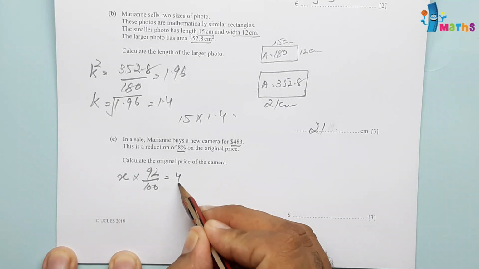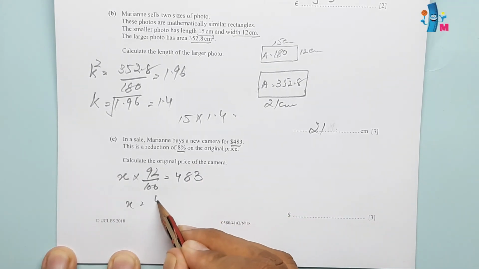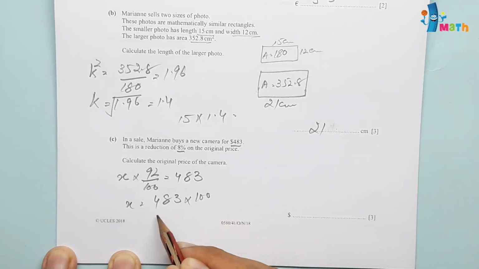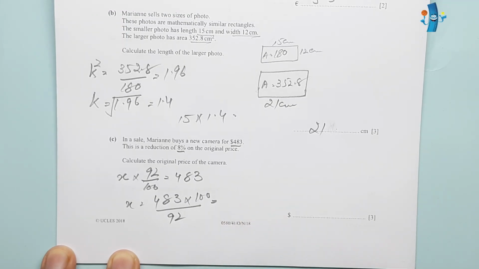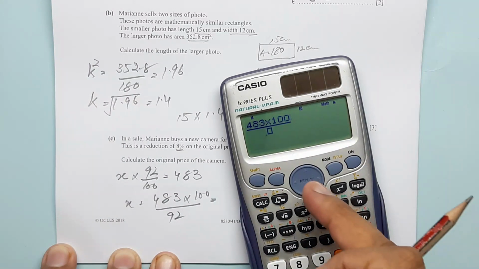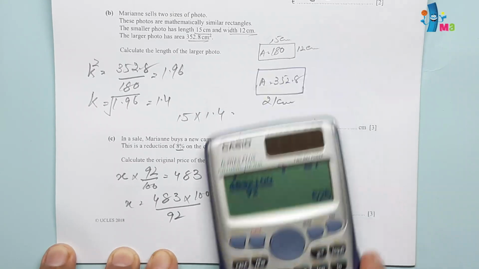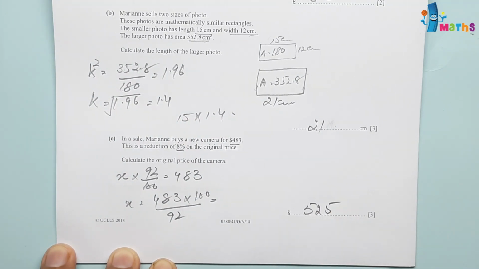Price is equal to 483, and X will be equal to 483 into 100 divided by 92. We can use calculator to simplify, and the answer will be 525.